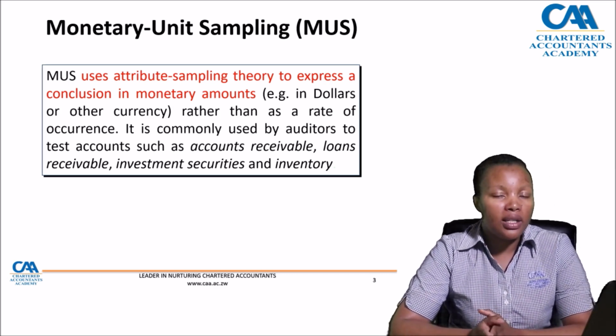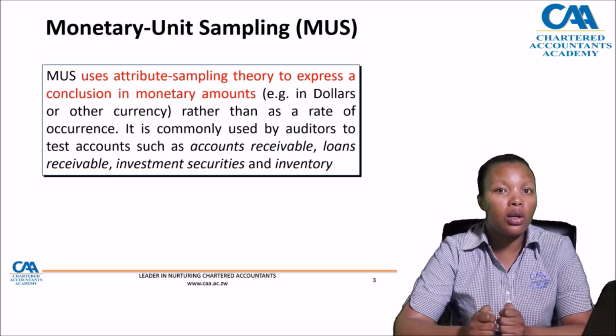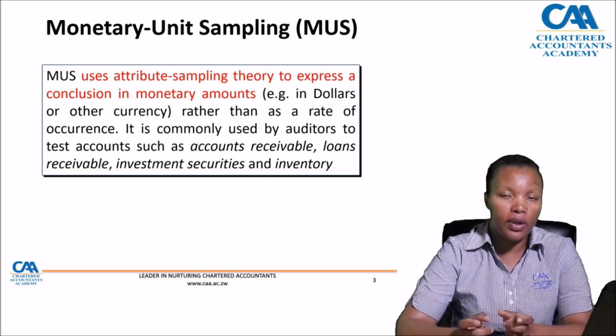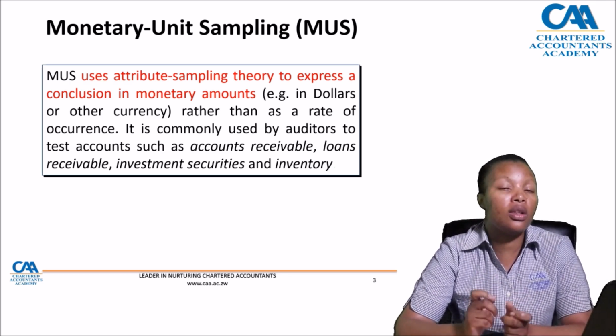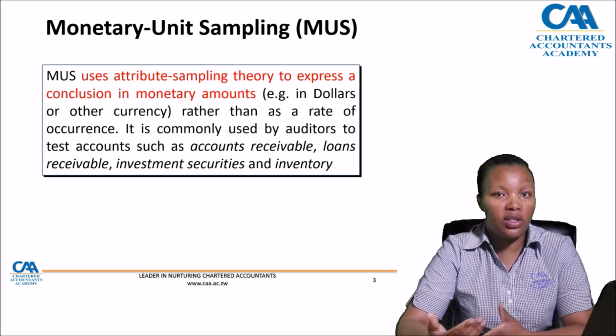So in terms of monetary unit sampling, what is it? It uses attribute sampling theory, what we covered in sessions 1 to 3, to express a conclusion in monetary amounts.